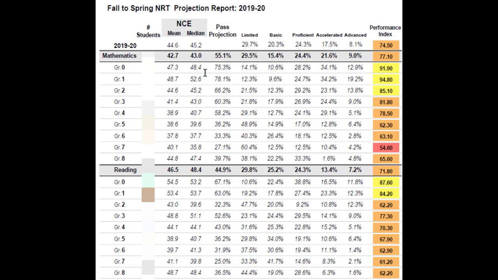And then we see some really positive numbers. We see the yellow, those are in the 70% or greater of the performance index possible points. So those are things to look at that are doing well, and we would want to concentrate a little bit more on, in this case, 7th grade mathematics. The same would be true if we have these reports from year to year. You can look for differences in their performance index from one year to the next.